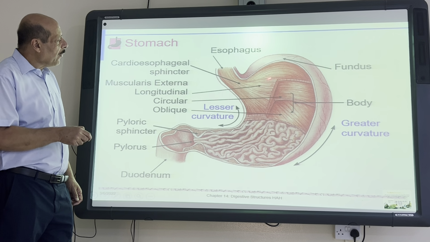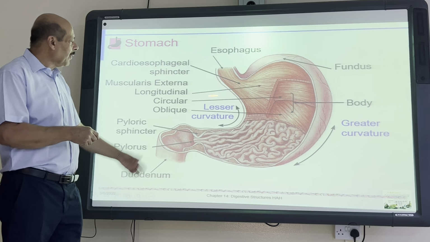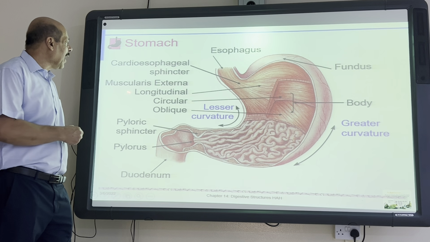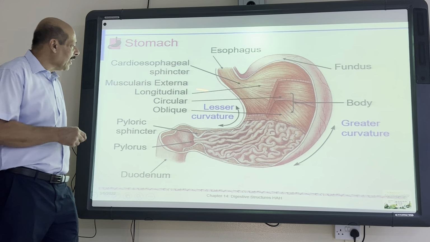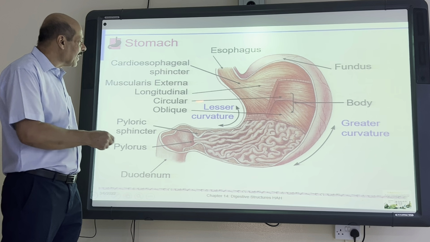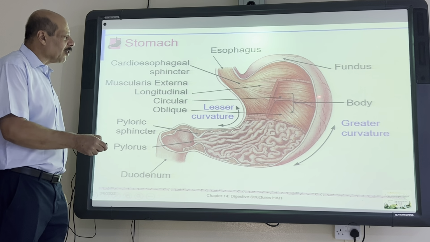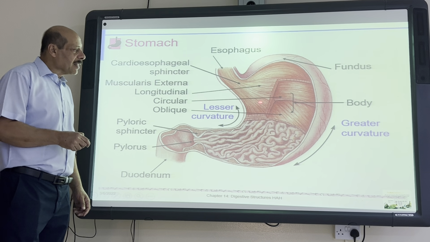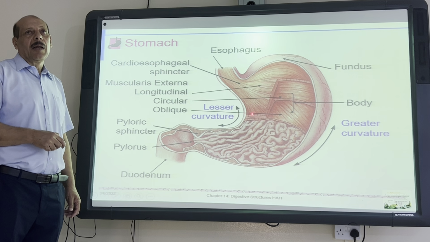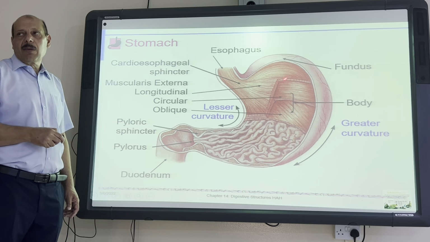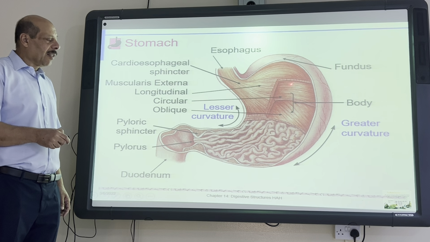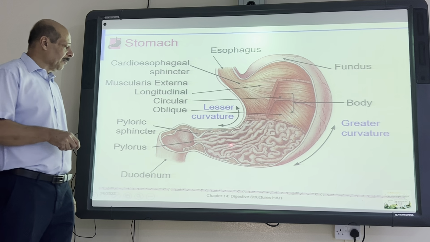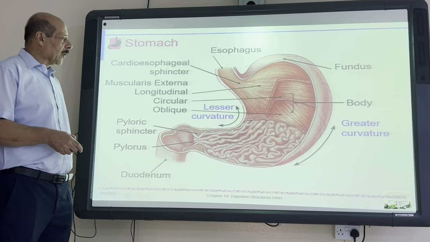Then we have, in the wall of the stomach, the mucus layer. Then we have the muscular externa and longitudinal muscles and circular muscles and oblique muscles. So the muscles of the stomach are coming in three directions: the circular, the longitudinal, and the oblique muscles, to make it stronger.